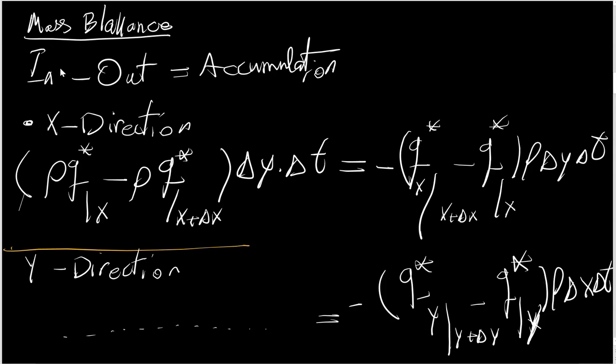This is the left hand side, the mass in minus mass out, and as you can guess, we can write the accumulation term. So the accumulation term can be written, and we show it with a delta m.